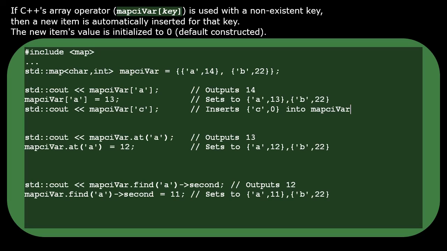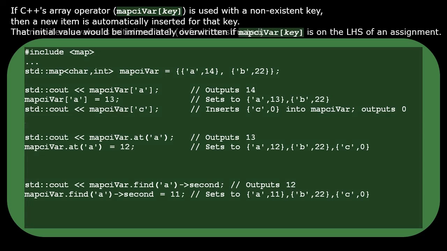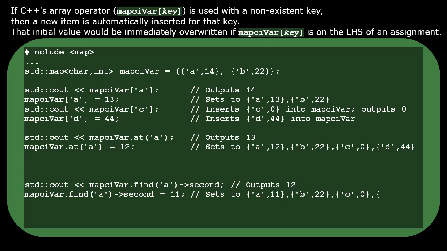This array indexing expression, map ci var of c, will then evaluate to that 0. If your array expression is on the left-hand side of an assignment, then that default value of 0 would get immediately overwritten.